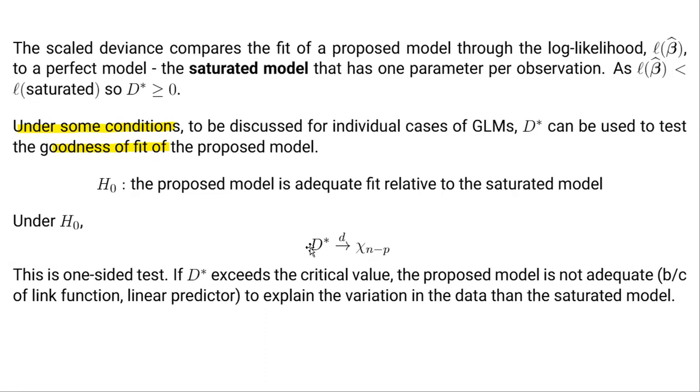So large values of your D star will indicate that you don't have a model that fits well. Why might it not fit well? It might be because the choice of link function is not suitable, or the linear predictor could be improved upon, for example, you might have omitted some relevant covariates, or the functional form for the X variables isn't right, and so on.